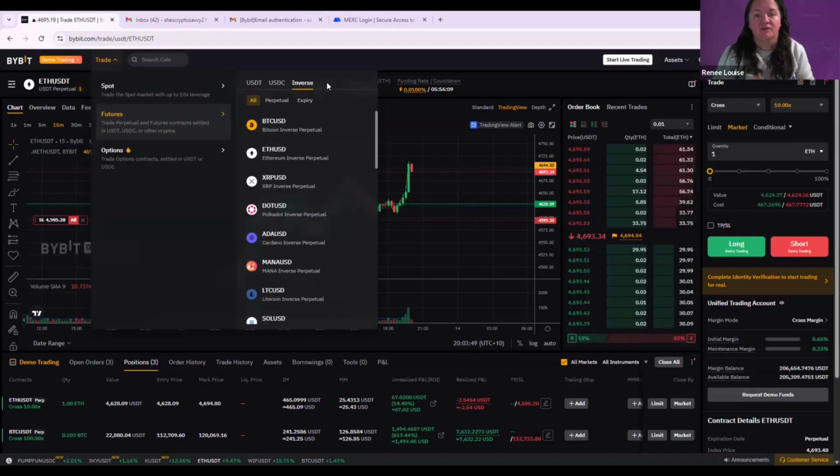In a bull market, it's a really good way to make extra money, because while the token's going up, you're also getting that appreciation in value. Whereas if you're trading with stablecoins, your base amount is never going to increase, because it's a stablecoin.